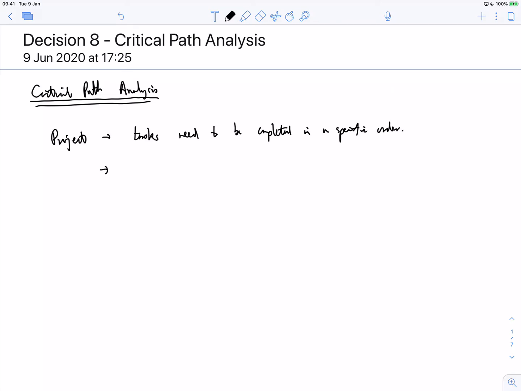And suppose each task has a weight, most commonly known as a completion time.